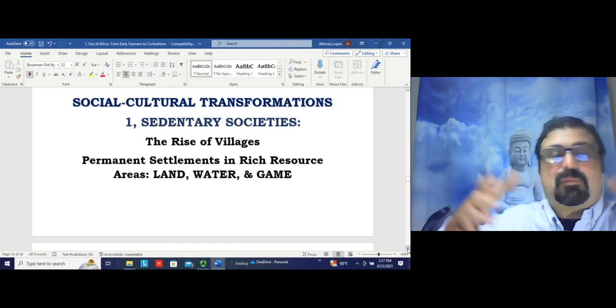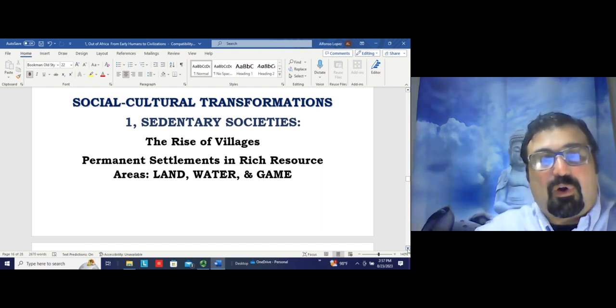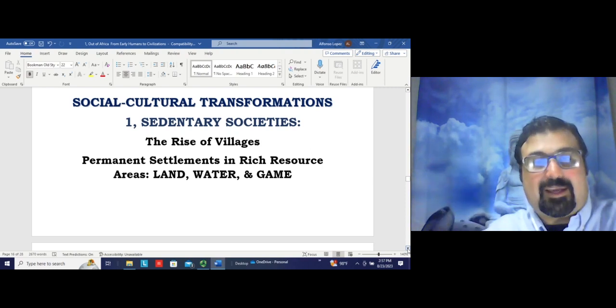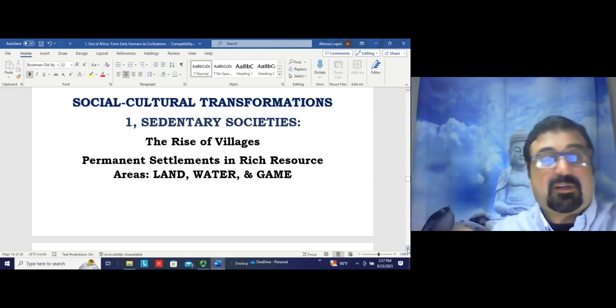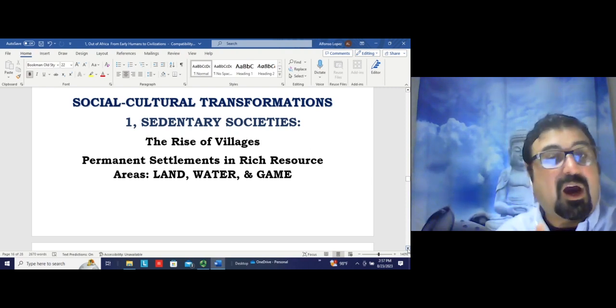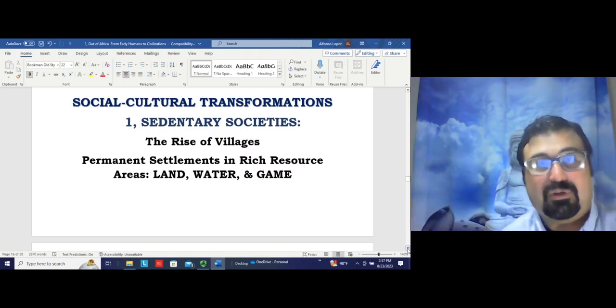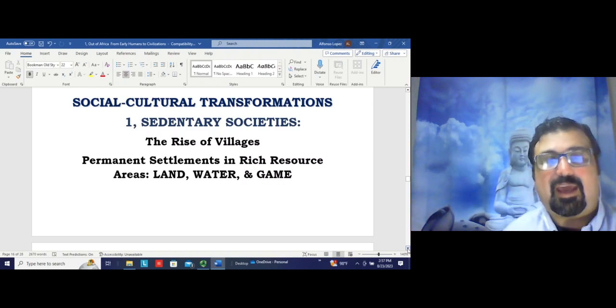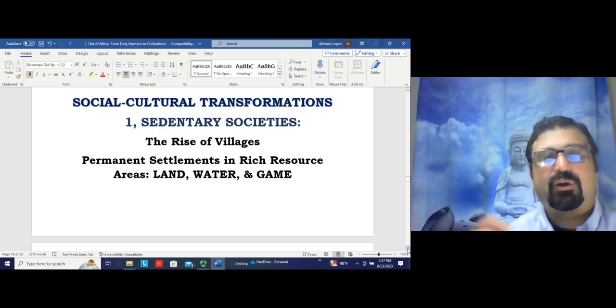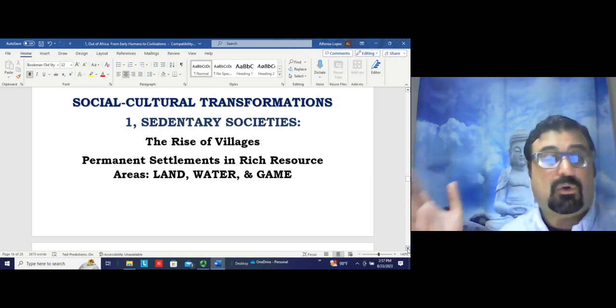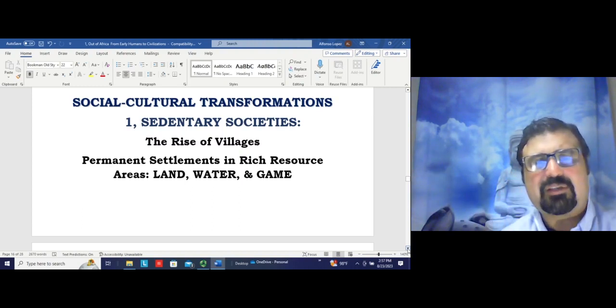A sedentary society is one where people are no longer forced to remain in this nomadic existence, moving from place to place, because if you are to create a garden, well, you have to settle in an area that has water, good soil, good climate, and so on, to create that garden. So we see the rise of villages.